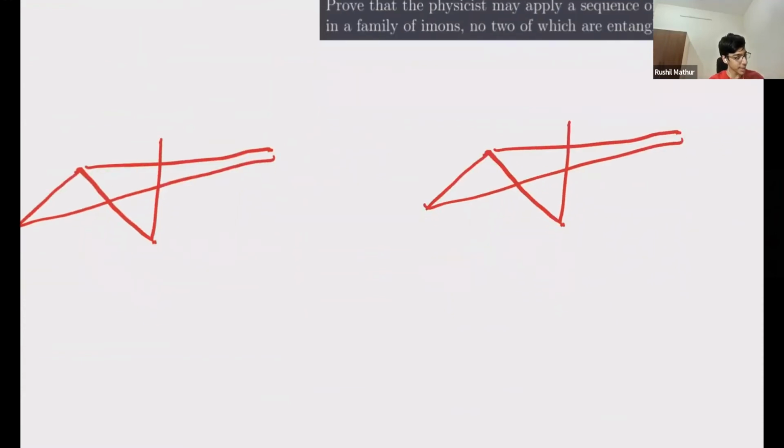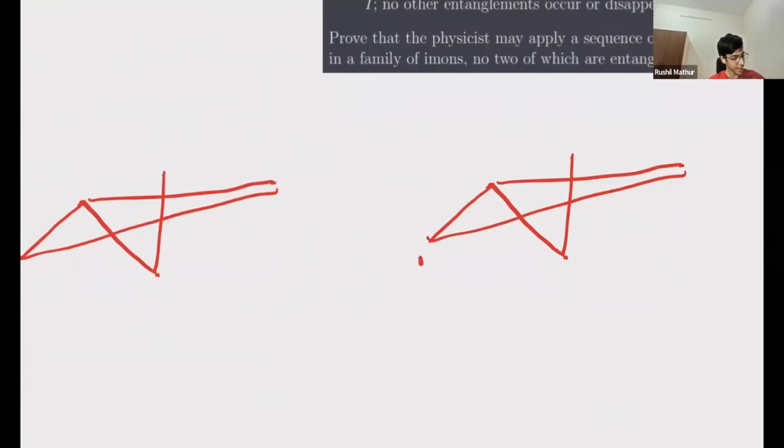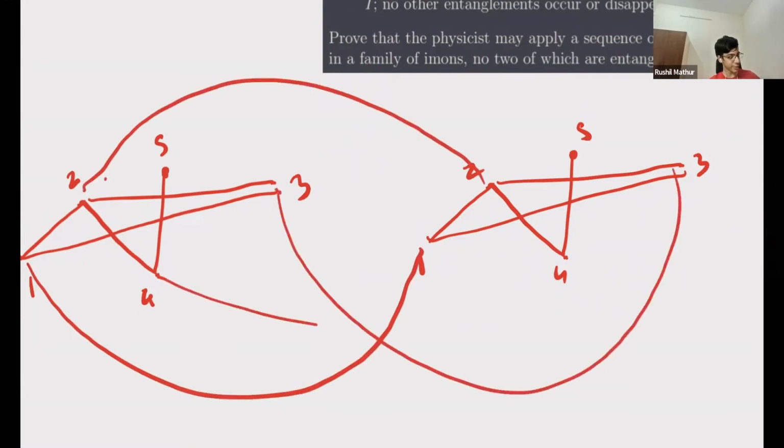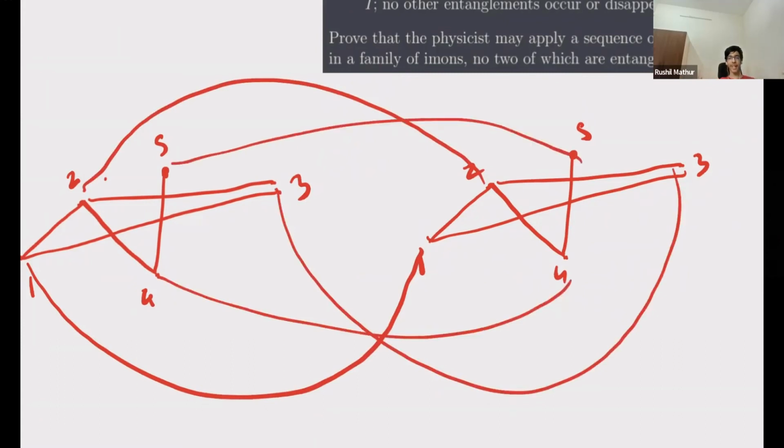And it's the exact same graph. Let's say I label the vertices for the sake of completeness, 1, 2, 3, 4, and 5. Now this copy is also 1, 2, 3, 4 and 5, and it's the exact same graph, except for the fact that now I will also join 1 and 1, 2 and 2, 3 and 3, 4 and 4, and 5 and 5.